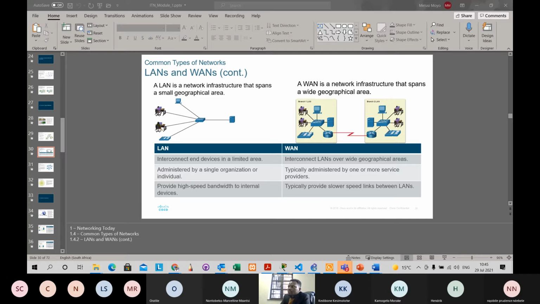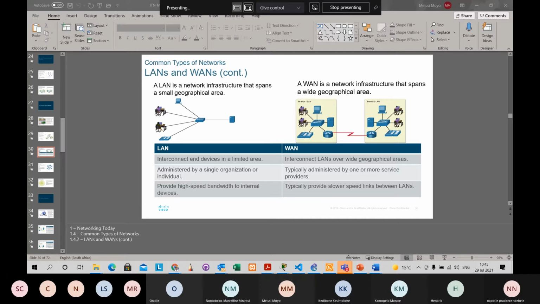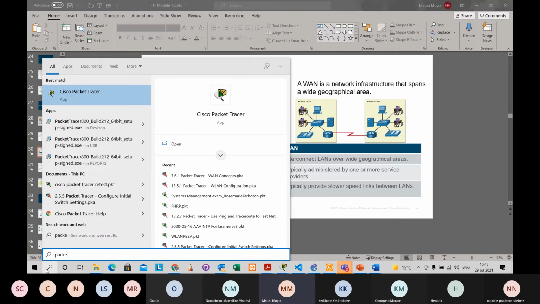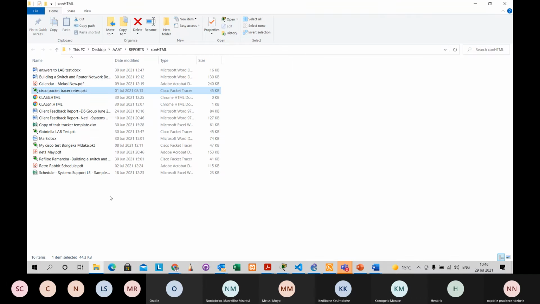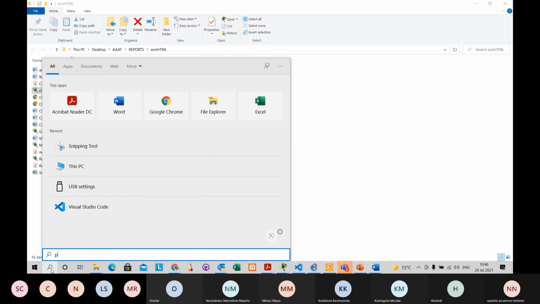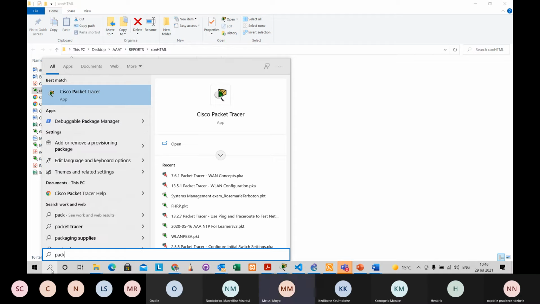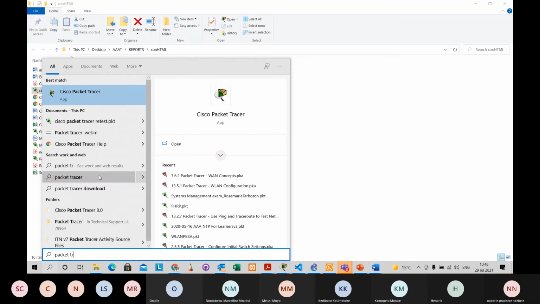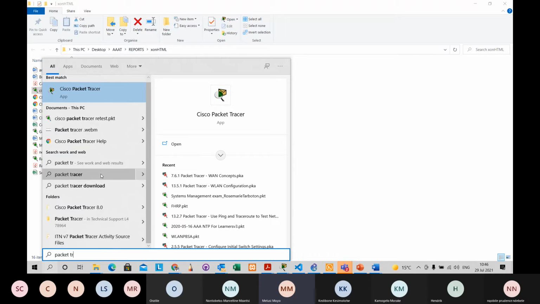Sure. Let me check if I have one. Okay, I do have one somewhere. Skip Packet Tracer. No, it's not the one.